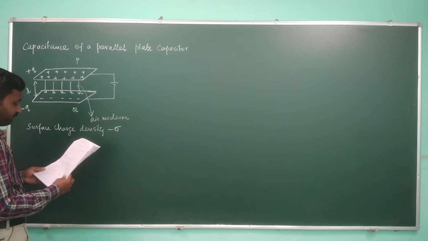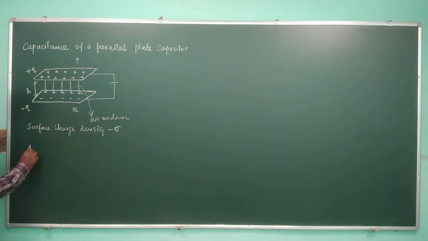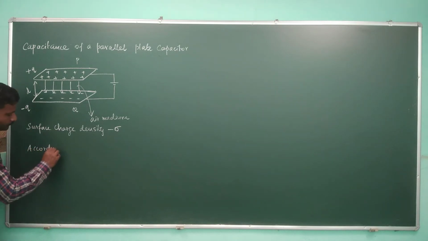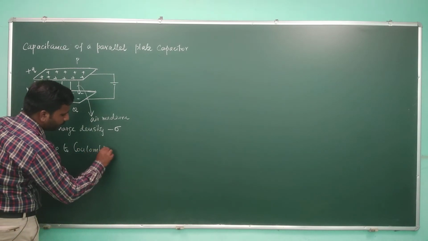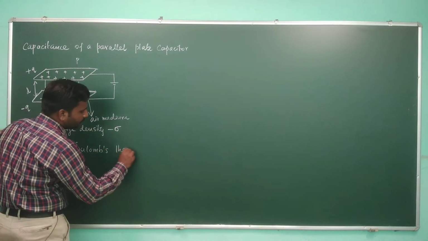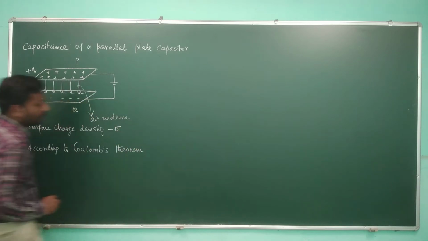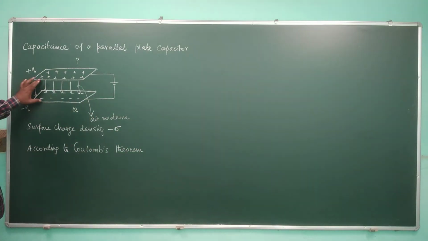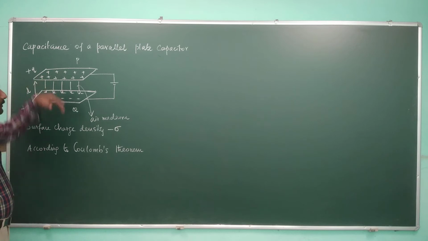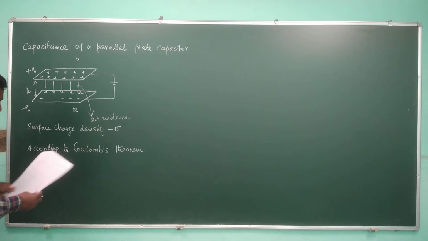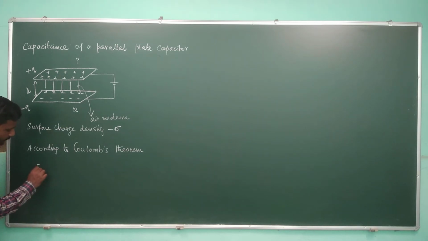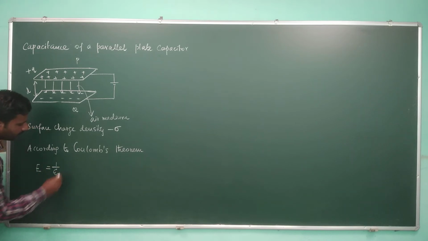Now, according to Coulomb's theorem, we can write the electric field within this parallel plate capacitor as E equals 1 by epsilon naught times sigma.